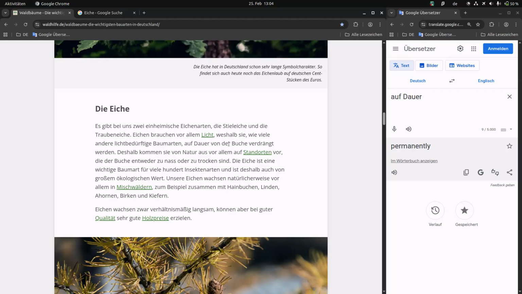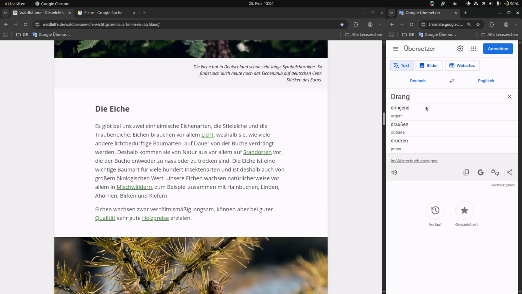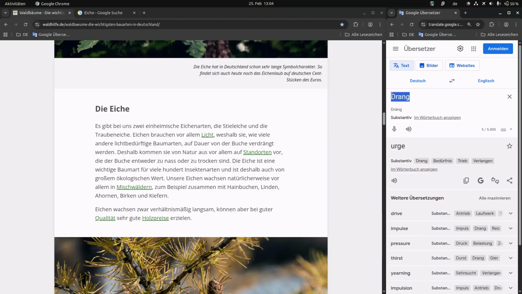Von, of, der Buche. Von wem, so dative case. Der Buche is the dative case of die Buche, which is feminine. So, of the beech. Verdrängt derives from the word drang, which means urge, or drängen, which I think also means urge.